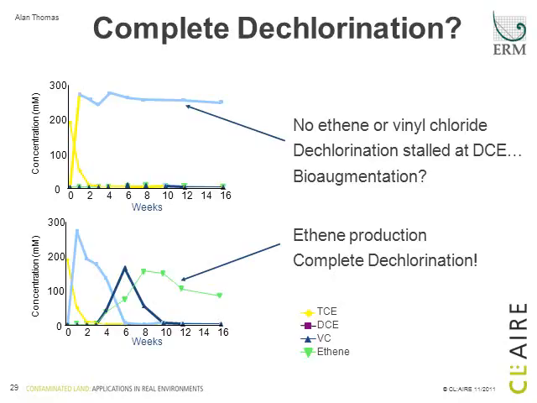The upper slide just shows the long-term accumulation of DCE, very often termed dechlorination stalling, and possibly could be a candidate for bioaugmentation, whereas the bottom slide shows the characteristic complete dechlorination resulting in production of ethene, which is the ultimate endpoint.